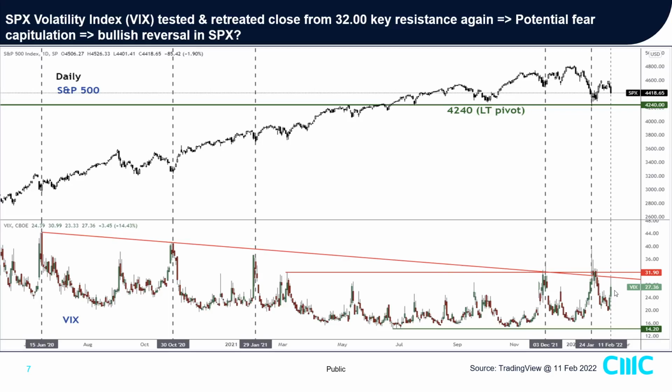What it means is that potentially we have already reached a stage of relatively higher levels of extreme fear, where we could now start to see another leg of potential capitulation, which is potentially positive for the SPX 500 to shape a potential up move.